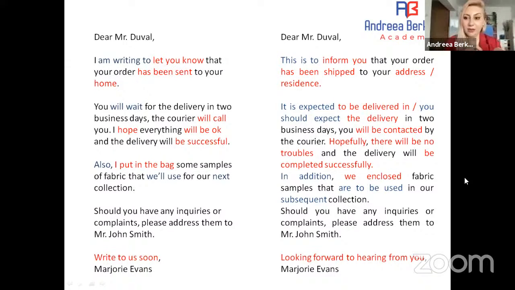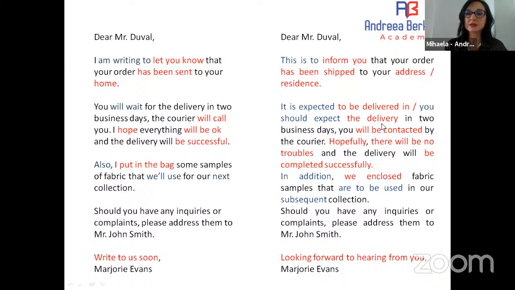So I think you should have underlined you will wait as well, to write it in red, because you will say it is expected, right? Well, I replaced wait with expected. So also instead of using the future, we use it is expected, meaning it refers to the future, but without using the future form.